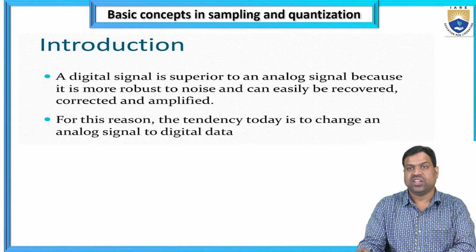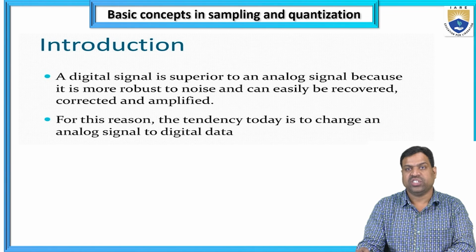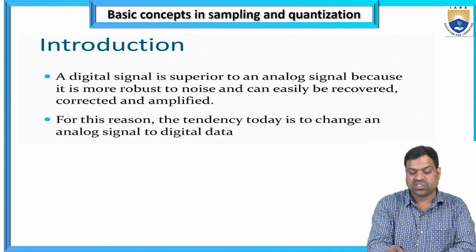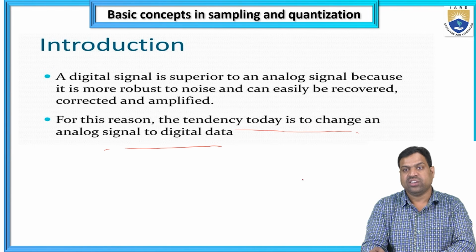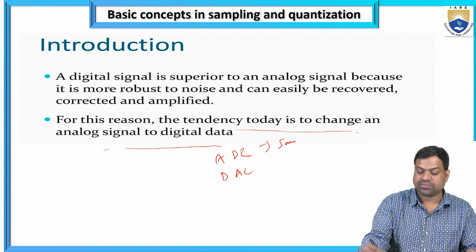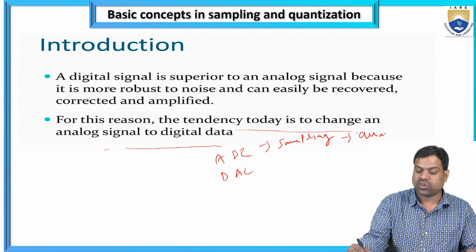A digital signal is superior to an analog signal because it is more robust to noise and can easily be recovered, corrected and amplified. For this reason, the tendency today is to change an analog signal into a digital signal. So analog to digital and digital to analog. Analog to digital means sampling, quantization.